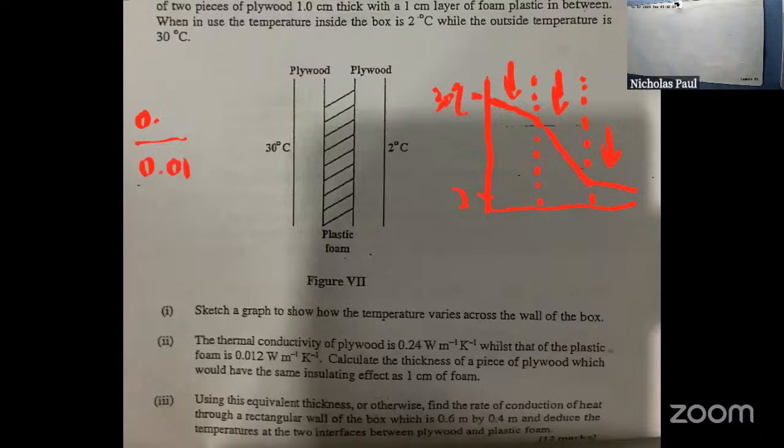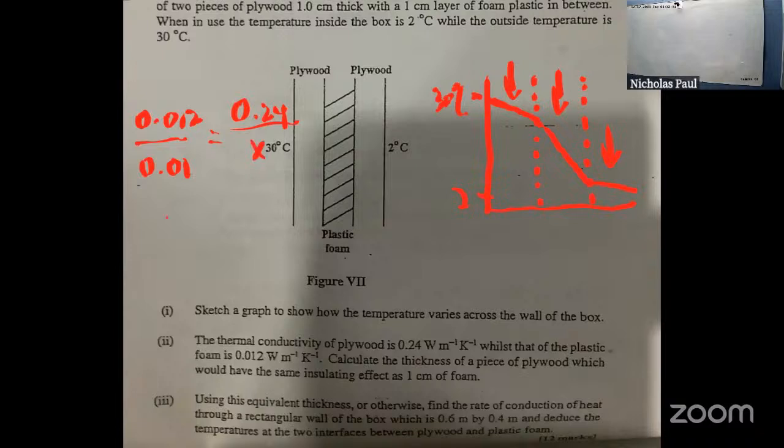Right, 0.01, thermal conductivity 0.12. I would like to replace that with plywood. Technically, you have to look at the unit for thermal conductivity: watts per meter per Kelvin. So ideally you should work in meters.